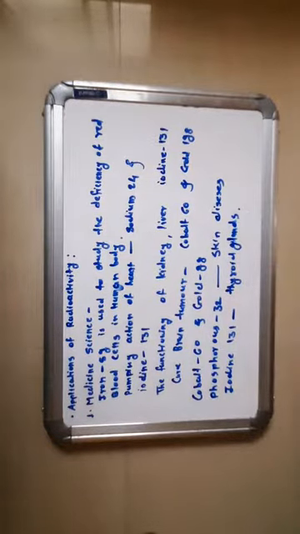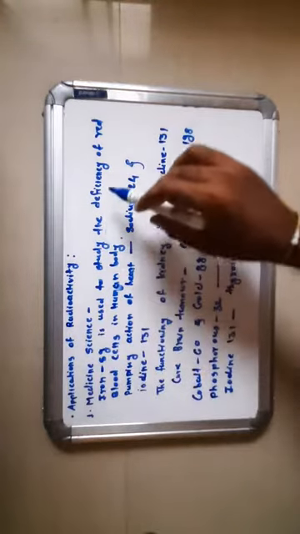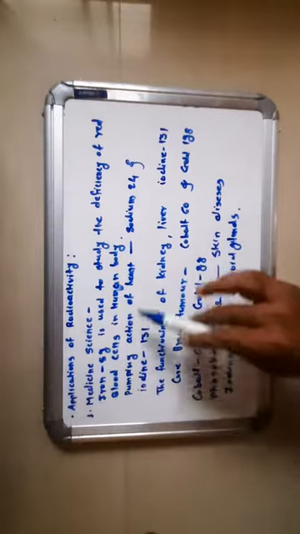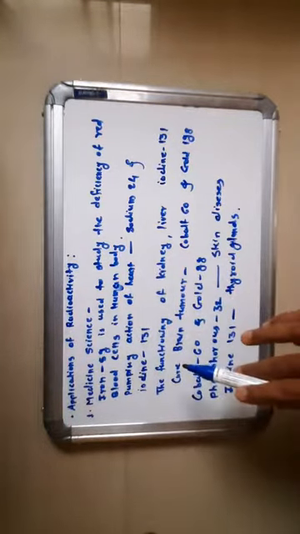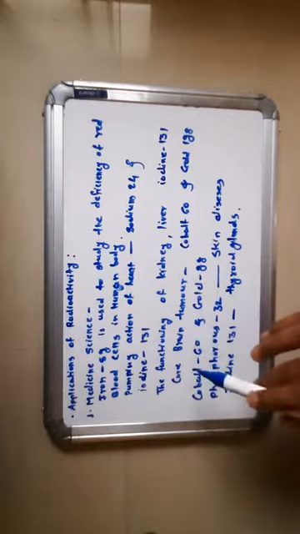These are the medicine science applications of radioactivity. In medicine sciences, the radioisotope iron 59 is used to study the deficiency of red blood cells in the human body. For the pumping action of the heart, sodium 24 and iodine 131 are used. For the functioning of kidney and liver, iodine 131 is used.